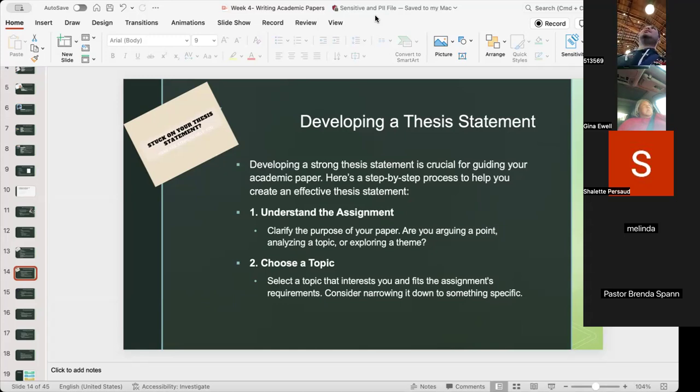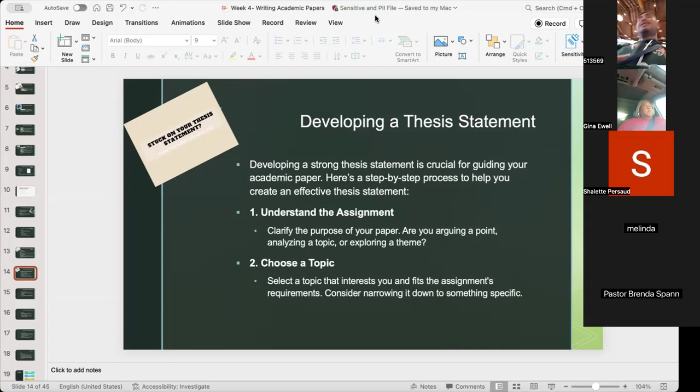So the first thing you need to do is understand what the assignment is asking. So you need to clarify the purpose for your paper. Next week, you're going to be writing a scriptural essay, okay? So the purpose of that particular paper will be to, let's see what I actually wrote here.